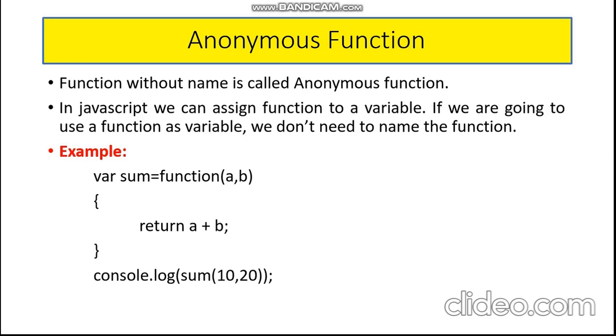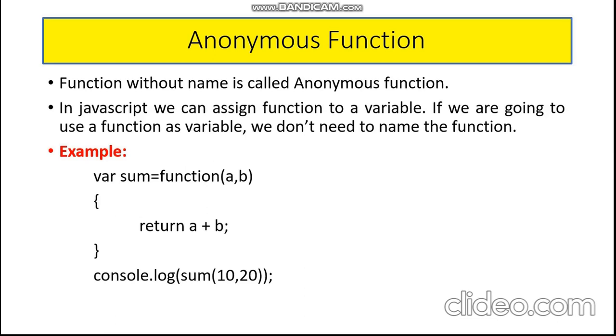So here I have one example. In this example I am creating one variable, sum, and this sum variable is initialized using a function. If you observe, I am not mentioning any function name, but I assign the function to a variable, which we call sum.